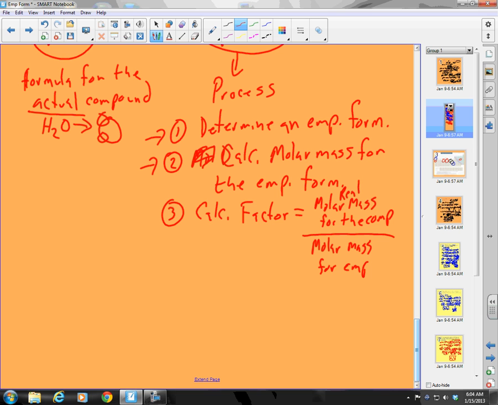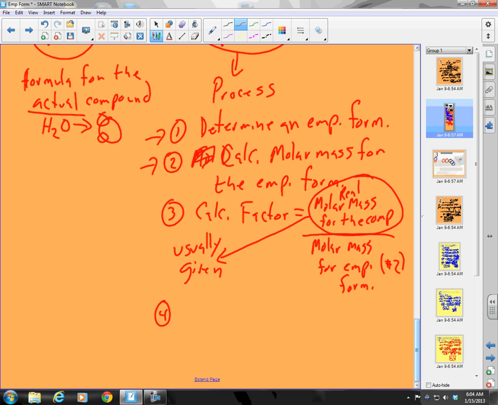You got that? This thing is from number 2, right? Where did we get the molar mass for the real compound? It is usually given in the problem. They usually say, hey, the real molar mass is this. Okay, so we know what that is.